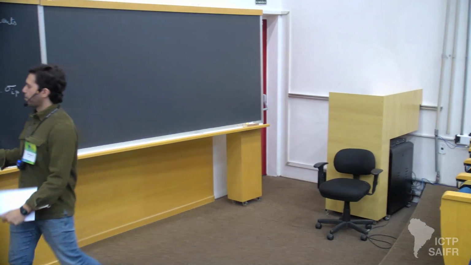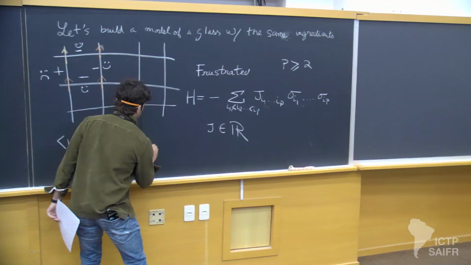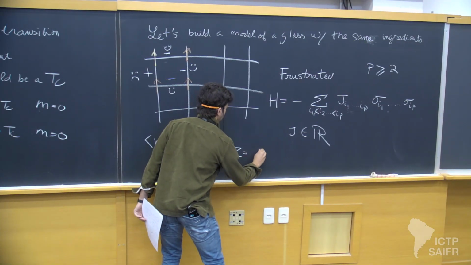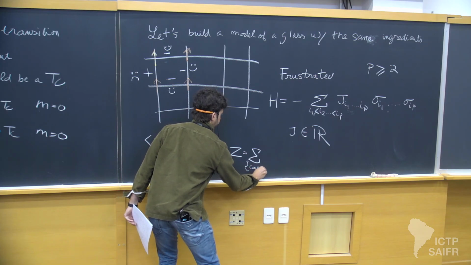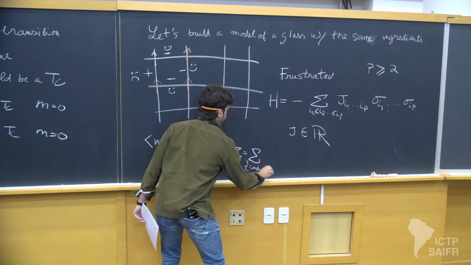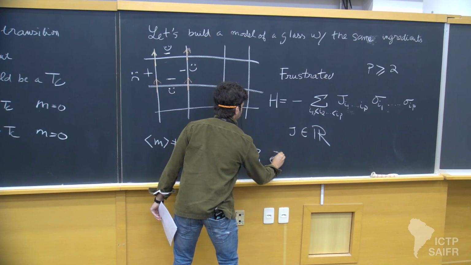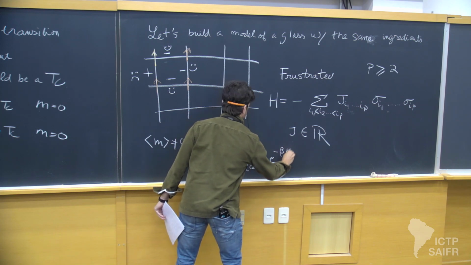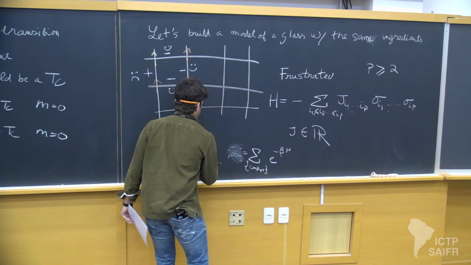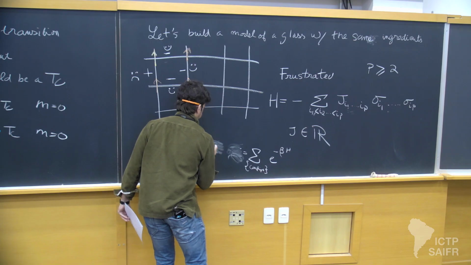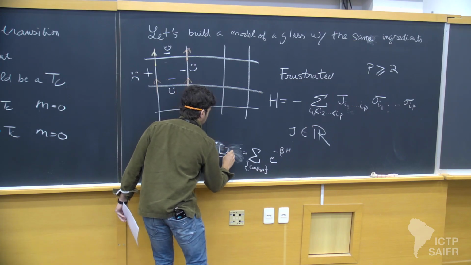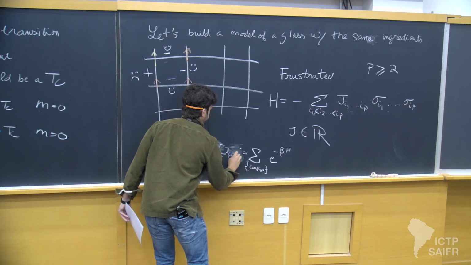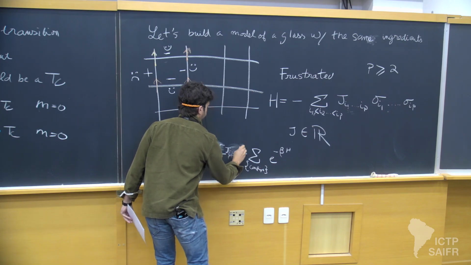And if I write down the partition function of this model, the partition function will be the sum, again, over all configurations of e to the minus beta H. This Z will be a function of these couplings J and beta.